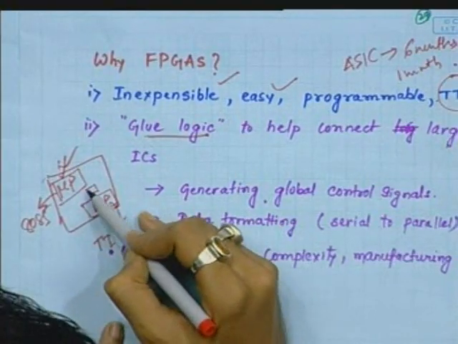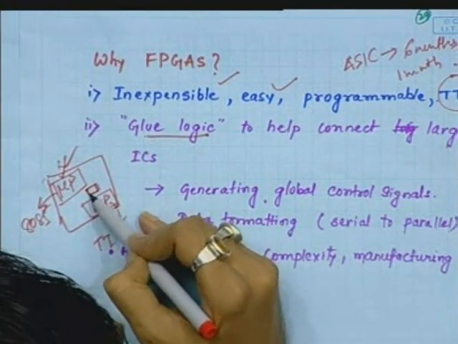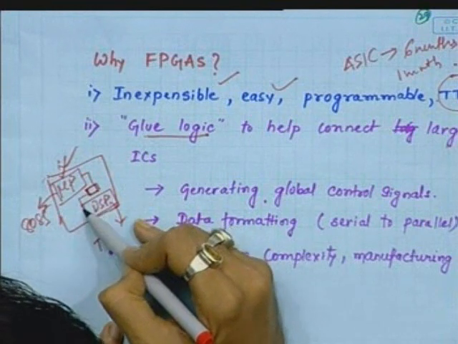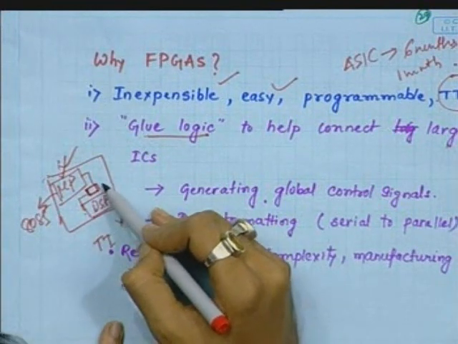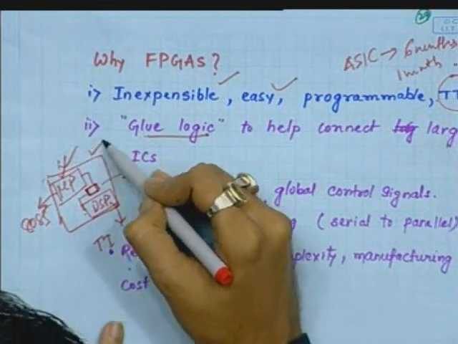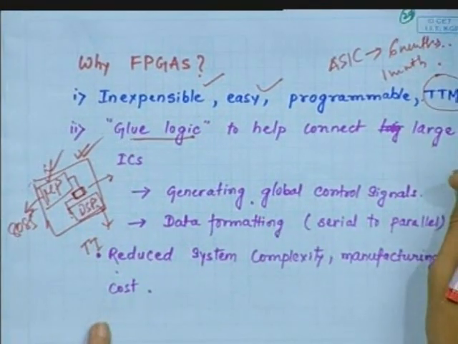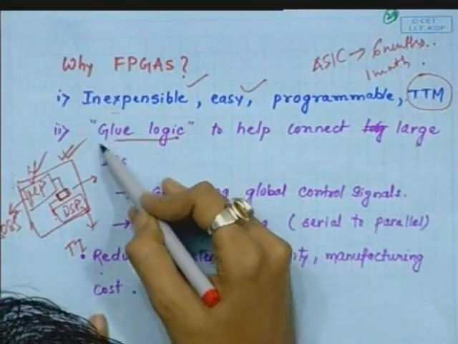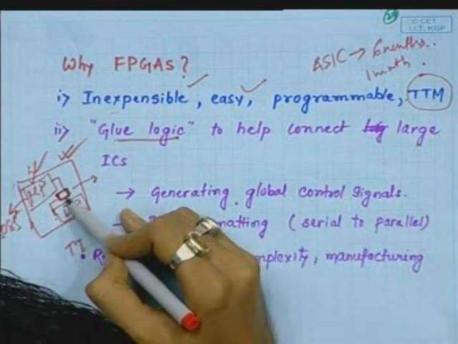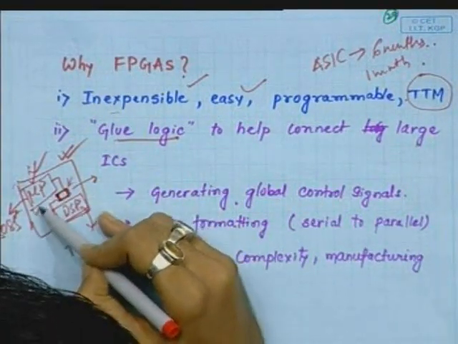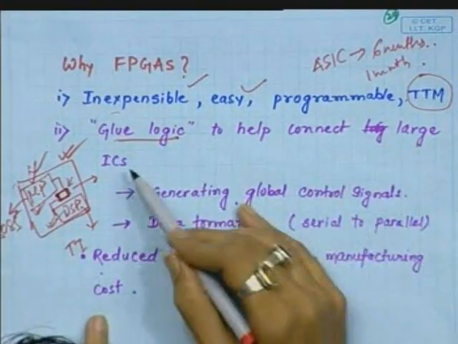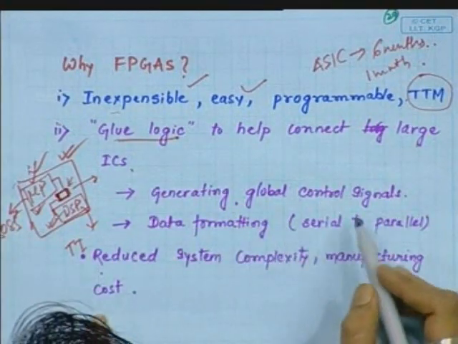You will not make an ASIC to interconnect them, right? You will use an FPGA here, so that you can reduce the time to make your system. So what is this? This is a glue logic, meaning this logic is used to interconnect the large ICs, right?